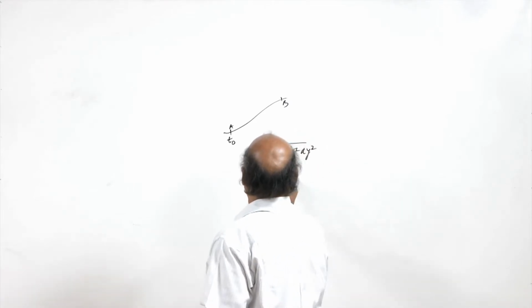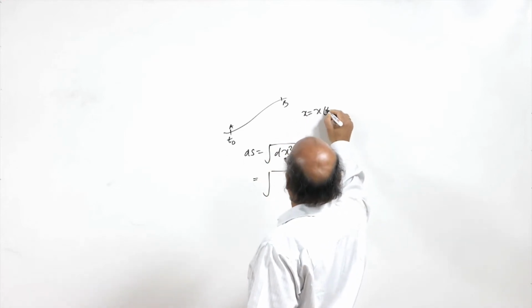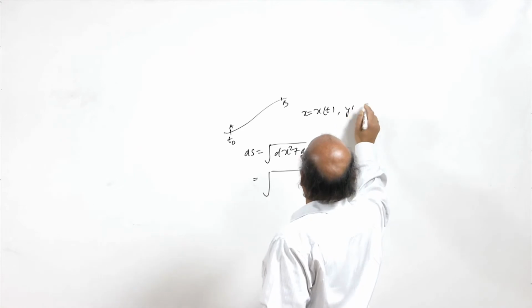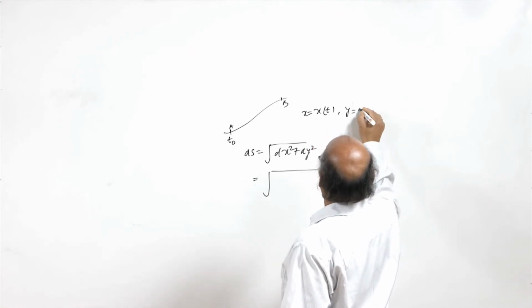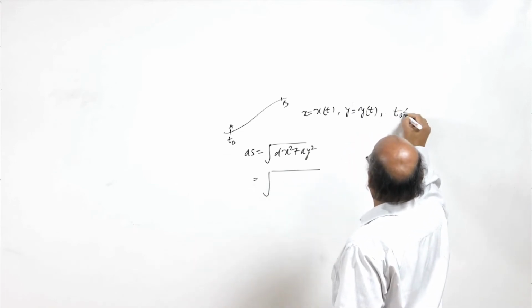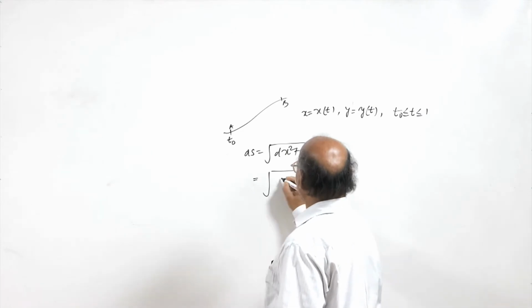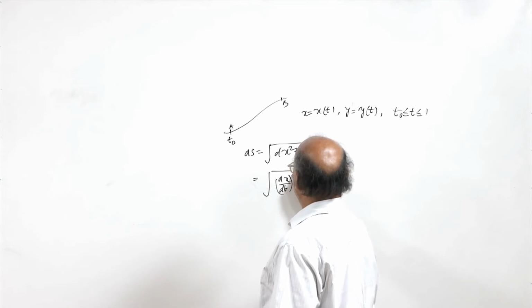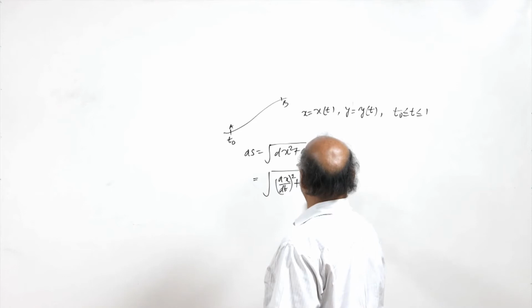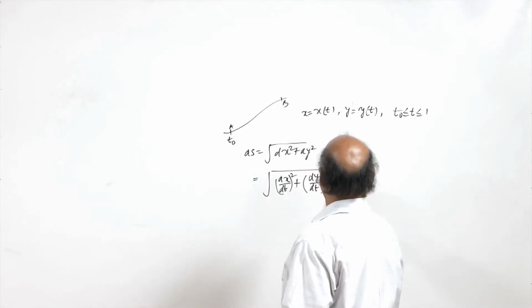In the parametric form, if the curve is given as x equal to x(t), y equal to y(t), where t varies from t naught to t1, then ds is the square root of dx square plus dy square, which we can write as the square root of (dx by dt) whole square plus (dy by dt) whole square, times dt.